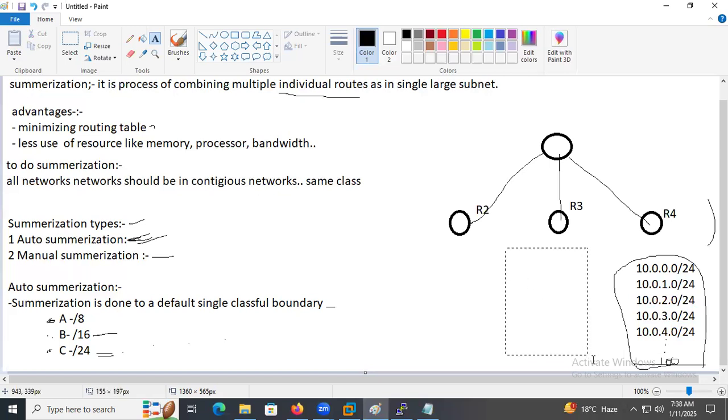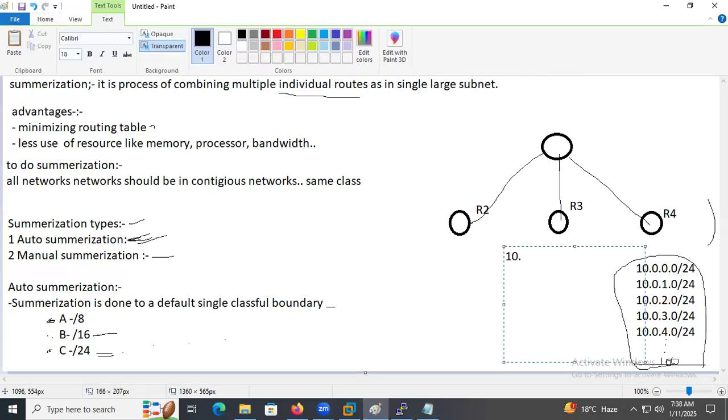In router 3, take we have 10.1.0.0, which is /24. It changes in the second octet: 4, 5, 6, like this.